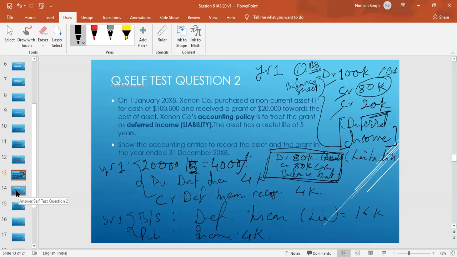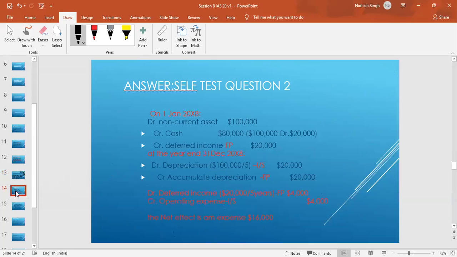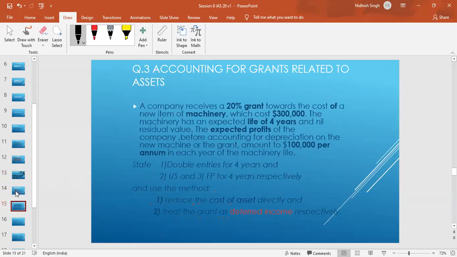Are we good? This is really the essence of IAS 20. The same thing that we have talked about.